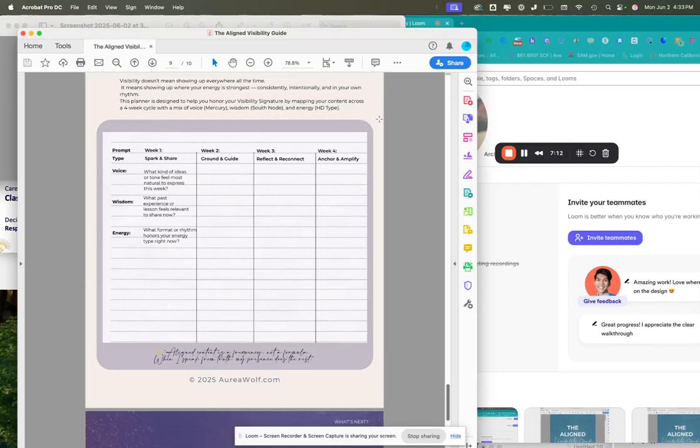Anything that's maybe confusing or you're not sure about, or if there's anything I can do to improve this for you guys and make it easier to use or easier to understand, that's what I'm here for. I totally want to help people get in alignment and do the things that light them up and really keep everyone in their zone of genius. Because really everyone's going to benefit if we're all bringing our best work and our most aligned work and our biggest passions into the world, and we can all help each other do that.